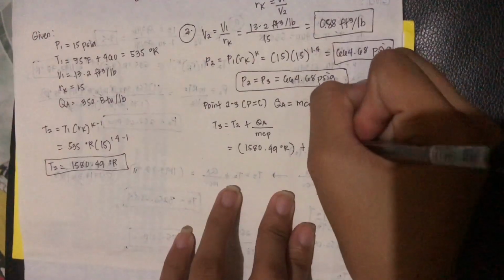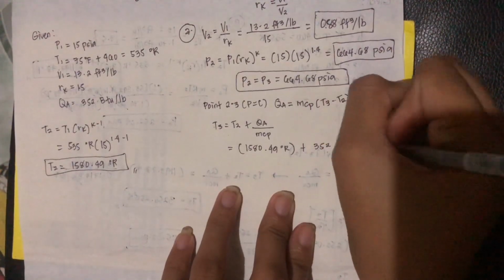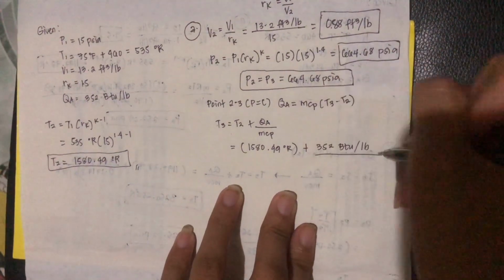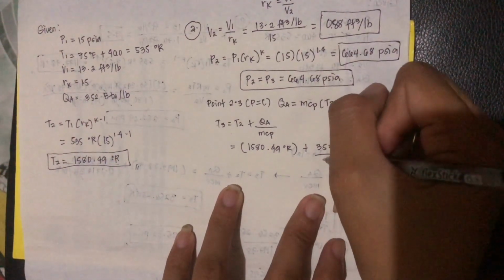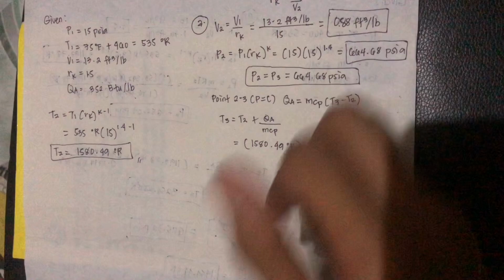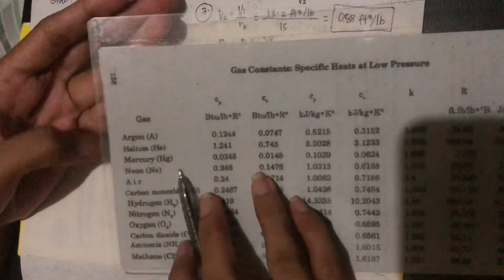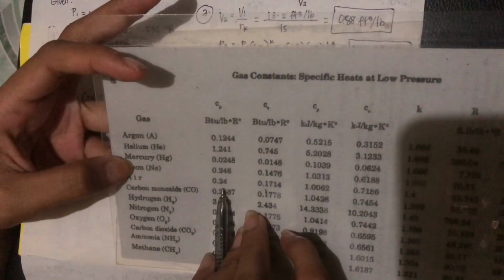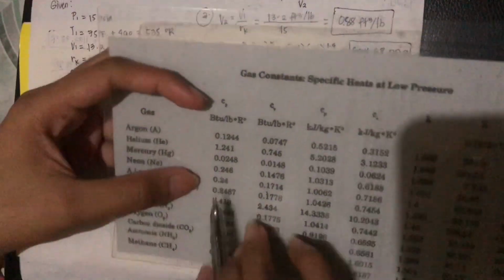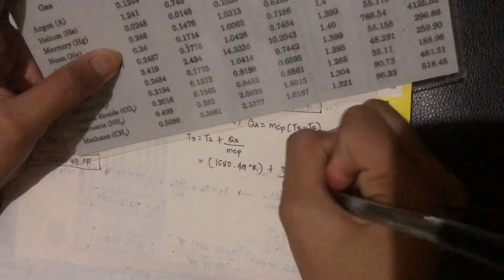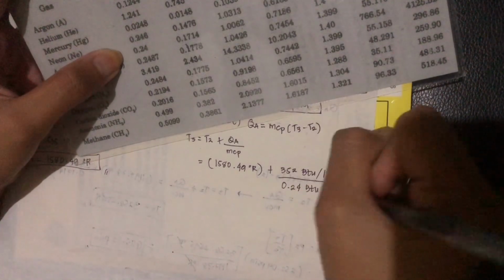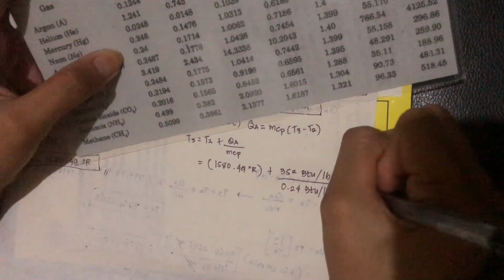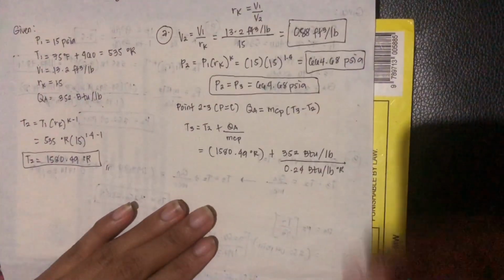Plus our QA, which is given as 352 BTU per pound, over our M, which is 1. Then our CP for air is 0.24 BTU per pound Rankine, so the units cancel out.